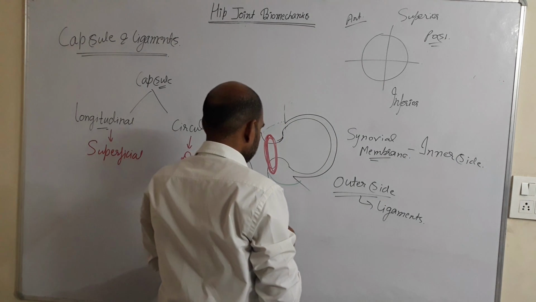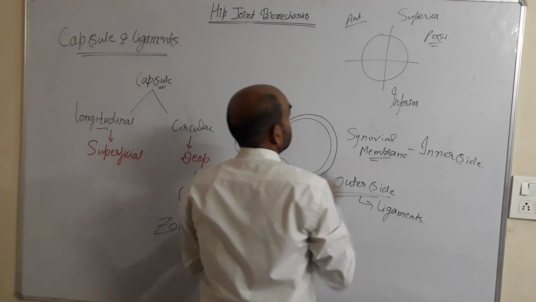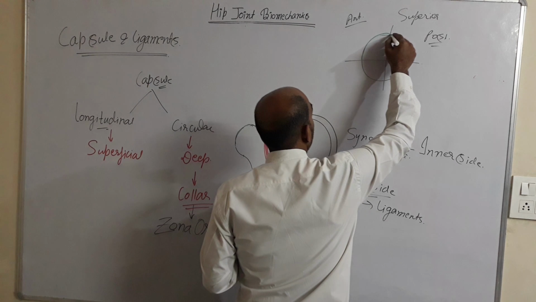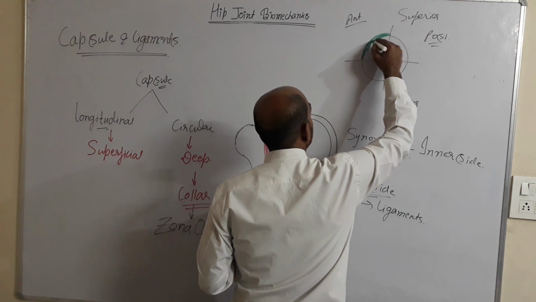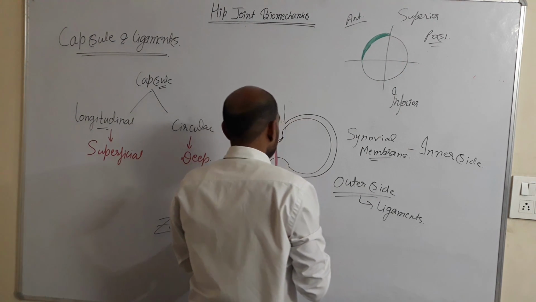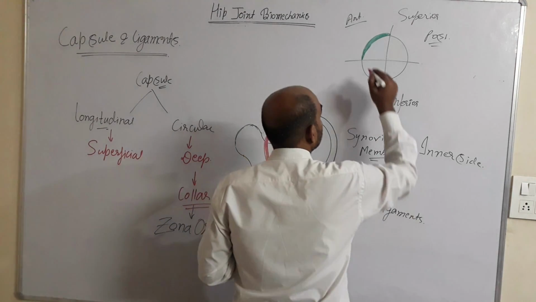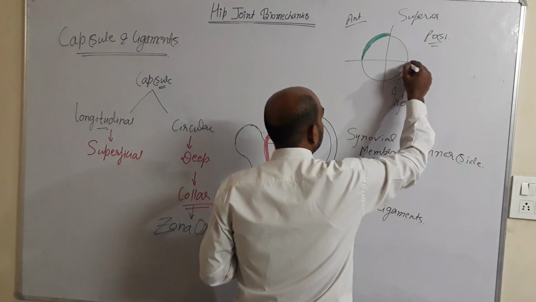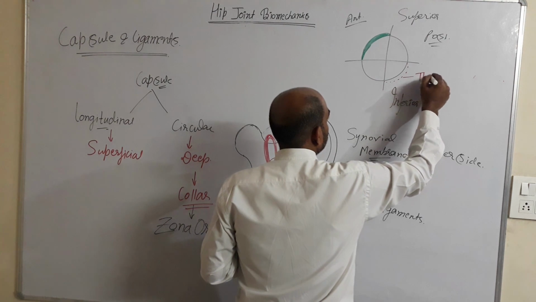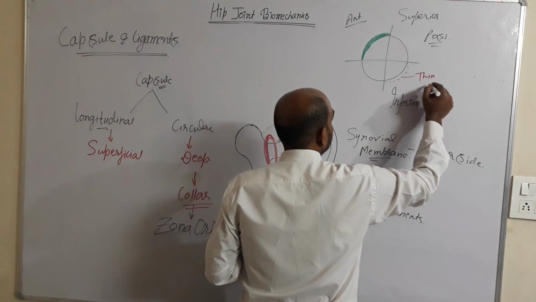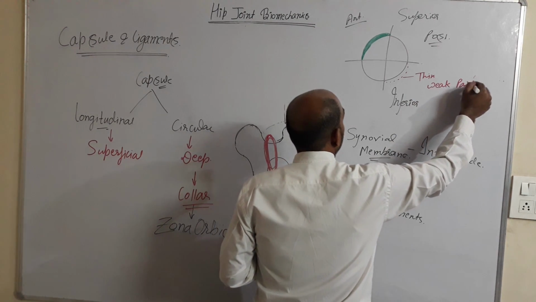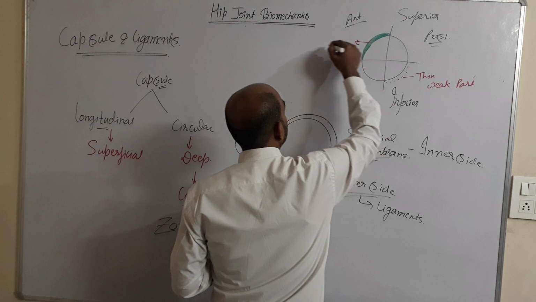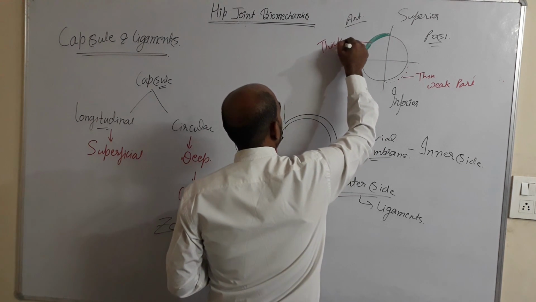In this, the anterior superior part is the thick part, for stability of the hip joint and to prevent dislocation, and the inferior posterior part is the thin and weak part. The superior part is thick and strong.